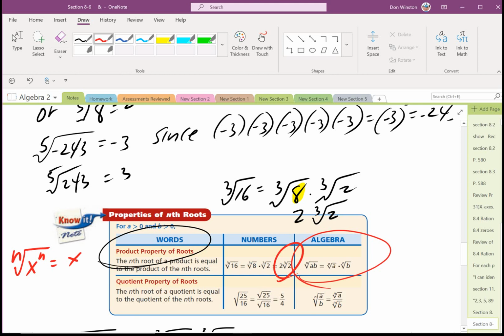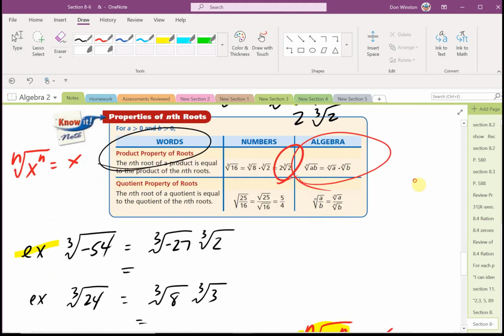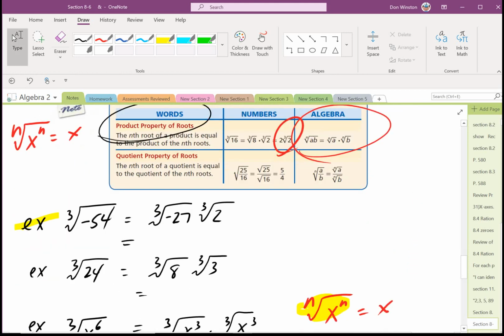All right, let's look at some examples. Let's say I have the cube root of negative 54. I'm going to break it up into two factors: the cube root of negative 27, and I chose negative 27 because I have an odd root, and I can take the odd root of a negative number. Negative 27 times 2 gives me negative 54.